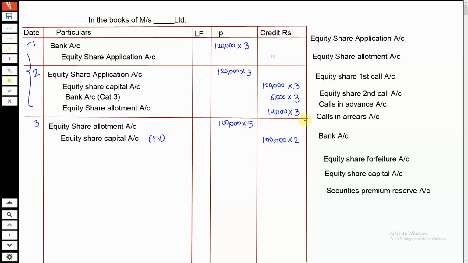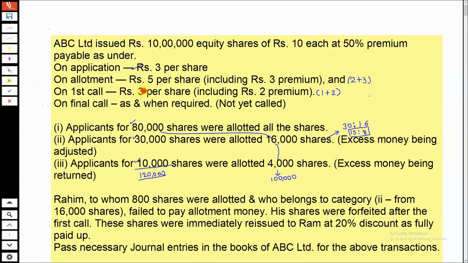So that will go to securities premium reserve account. So कितना जाएगा securities premium में. On this 1 lakh shares 3 rupees will go. Look here. Okay, we had already discussed.